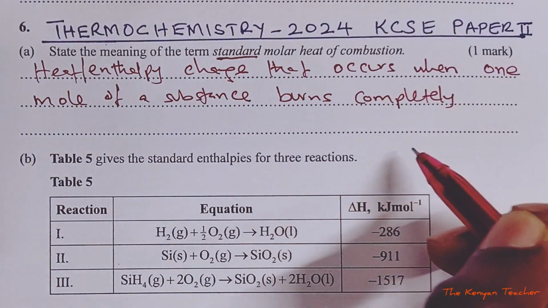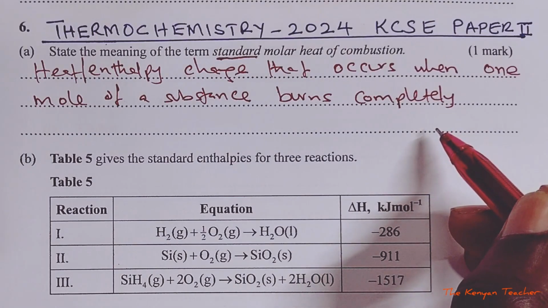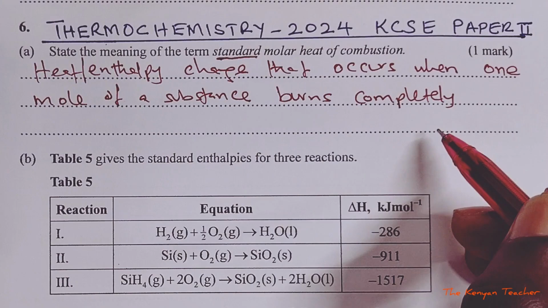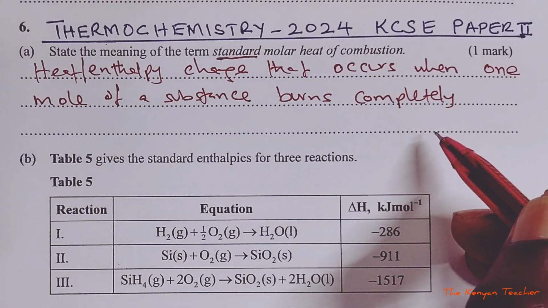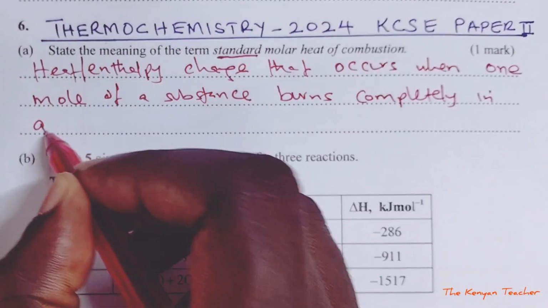Instead of writing burns completely, somebody would say burns in excess oxygen. So it is the heat or enthalpy change that occurs when 1 mole of a substance burns completely in air.